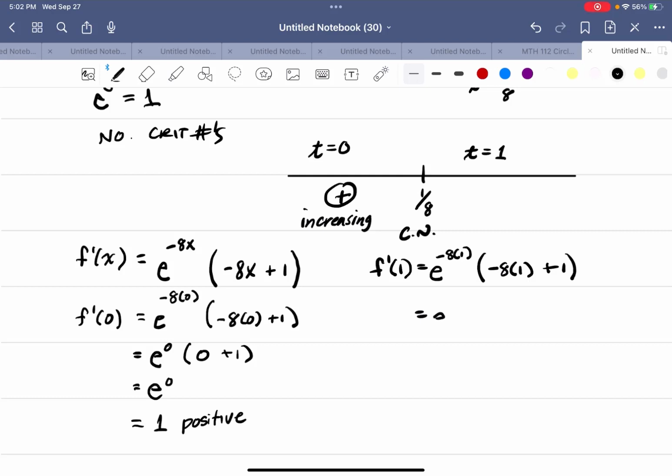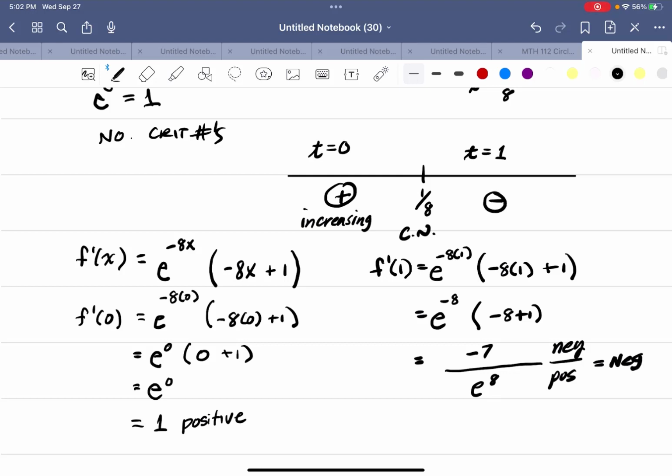And this is e to the negative 8, and this is negative 8 plus 1. So that's going to put an e to the 8th in my denominator and then a negative 7 in my numerator. So I have a negative divided by a positive. So this side is negative. So this side will be decreasing.